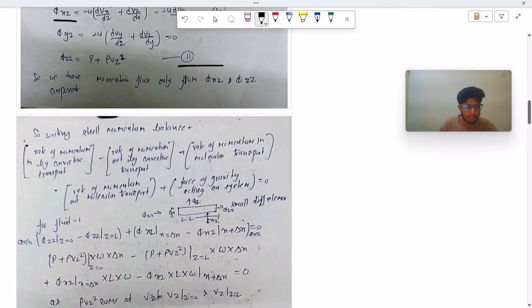So, writing the shell momentum balance. First of all, we need to take a shell, a small differential element.